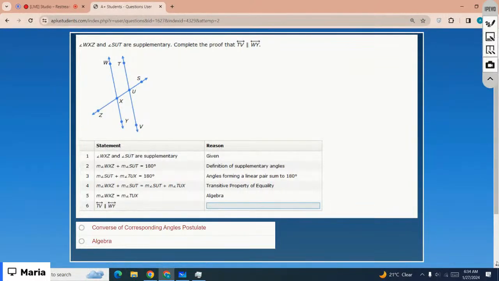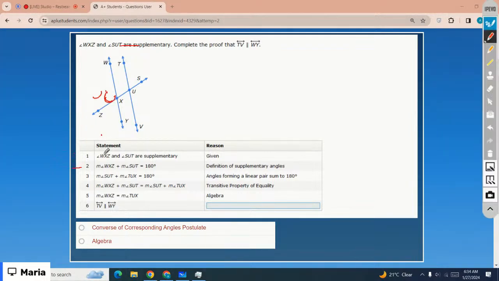So you are given that angle WXY and SUT are supplementary. If you add them both, that equals 180 degrees, right? So WXY plus SUT equals 180 because they are supplementary.